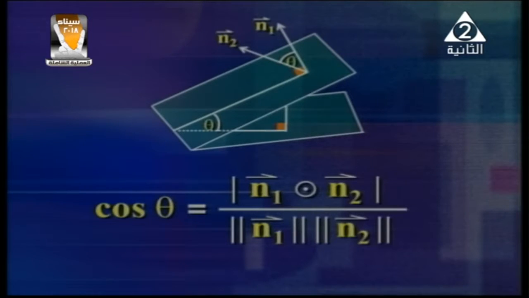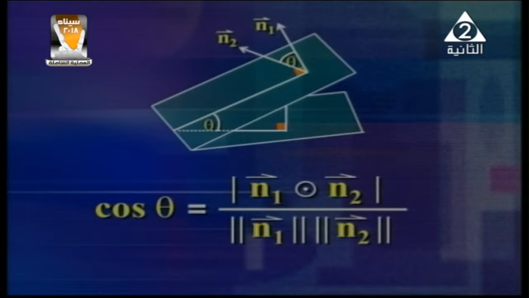Dear student, remember, if we find the angle between two planes, we must find the angle between two normals of the two planes by substitution in the rule cosine theta equals the scalar product of N1 and N2 over norm N1 times norm N2.